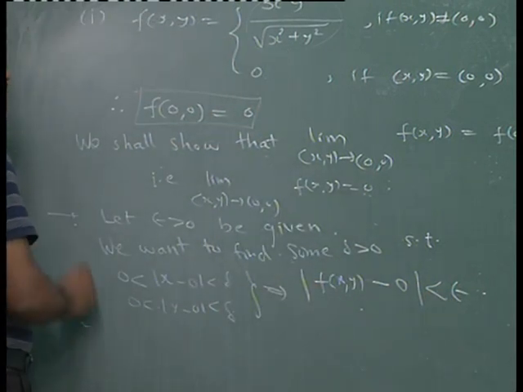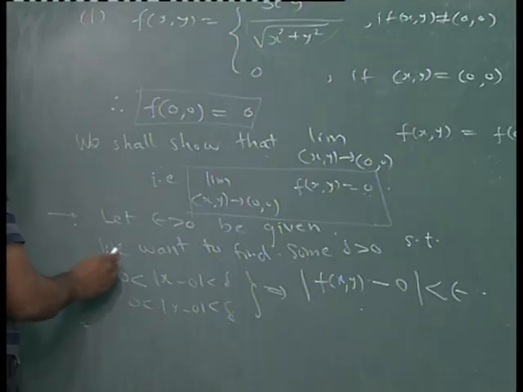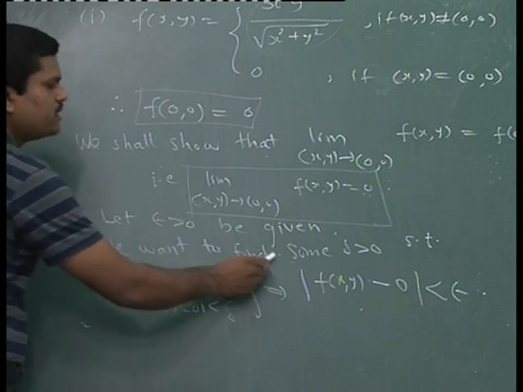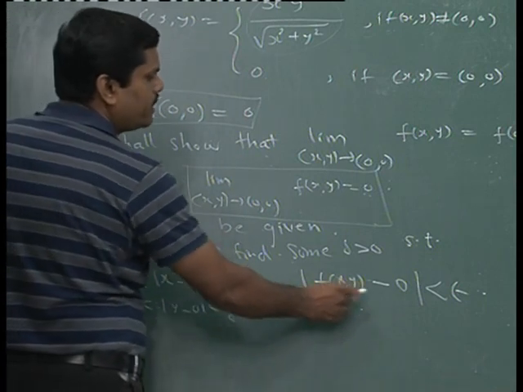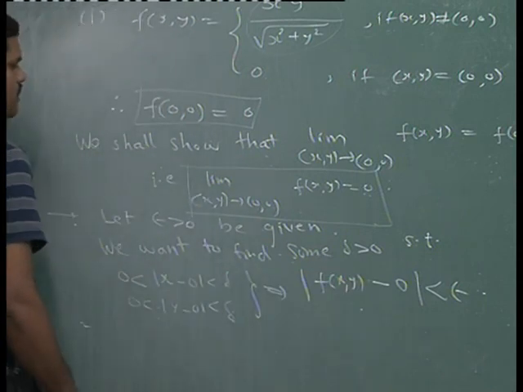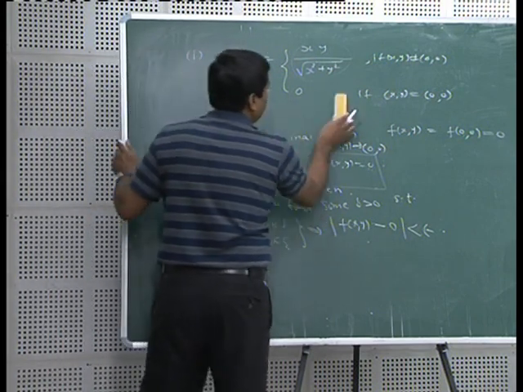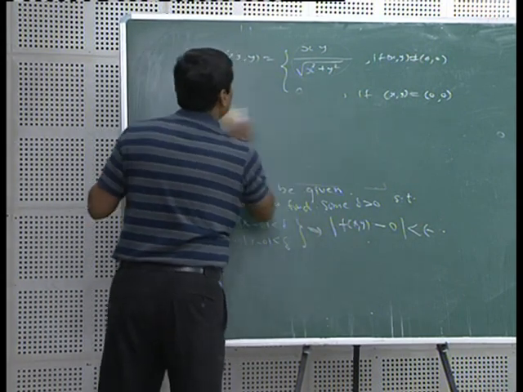So, this is our aim now, to prove that the limit as (x, y) tends to (0, 0) of f(x, y) is equal to 0, I have to verify this condition. For a given epsilon, can we find some delta so that whenever this condition is satisfied, the difference between f(x, y) and 0 is less than epsilon? So, we consider f(x, y) minus 0 and try to show under what delta that condition is true.